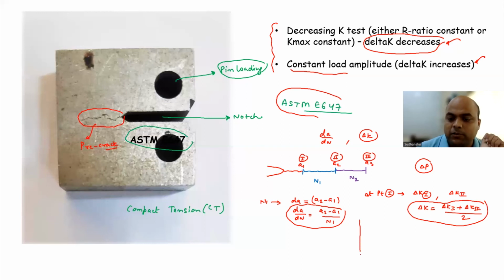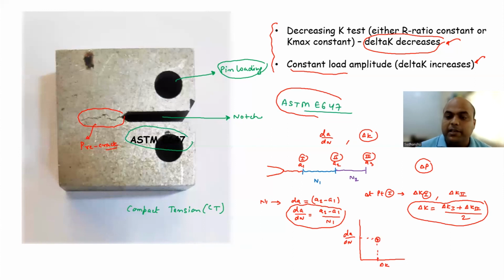If I want to plot, say, da/dN versus delta K, for N1 number of cycles I got da/dN, and delta K I also know is going to be somewhere here. So I got one particular point.